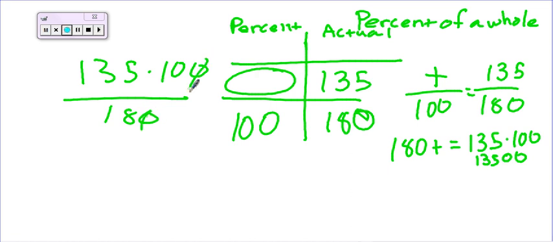Well, let's divide them both by 10. Now we have 18. What do you think? What's 1,350 divided by 18? 18 does not go in 13, but 18 is going to have to go into 135 a certain number of times.